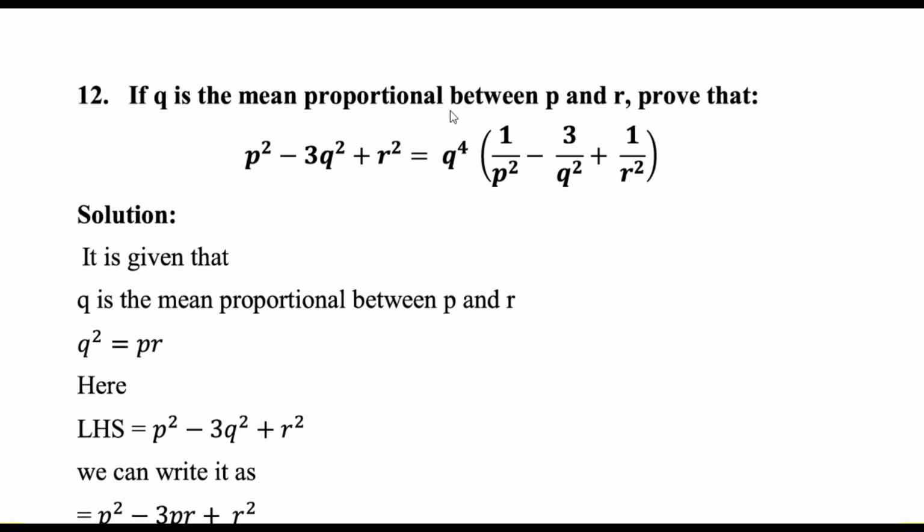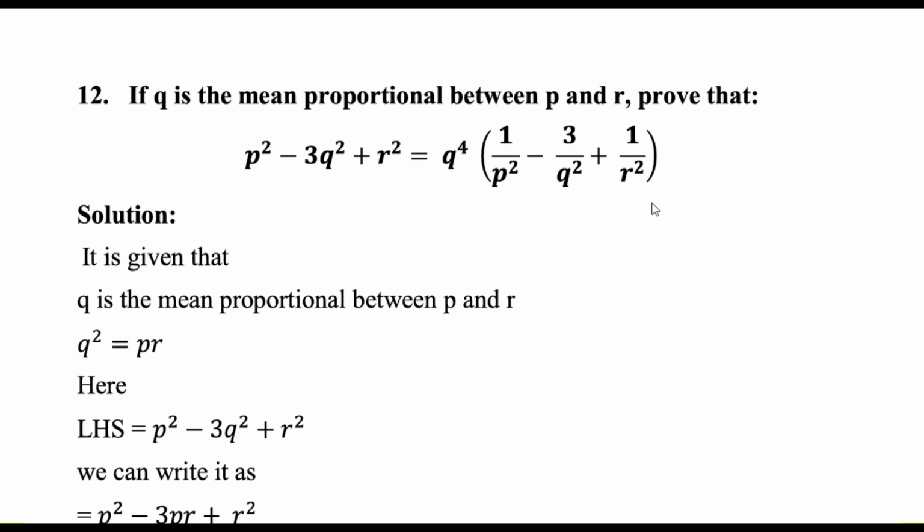If Q is the mean proportional between P and R, prove that a long equation is given over there: P square minus 3Q square plus R square is equal to Q to the power 4 into 1 by P square minus 3 divided by Q square plus 1 divided by R square.